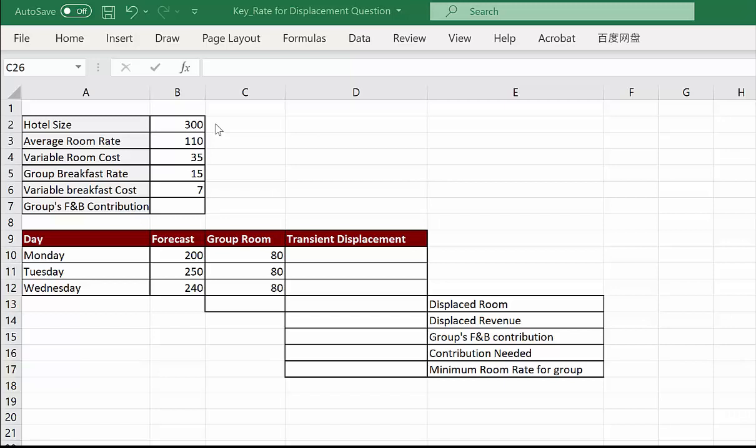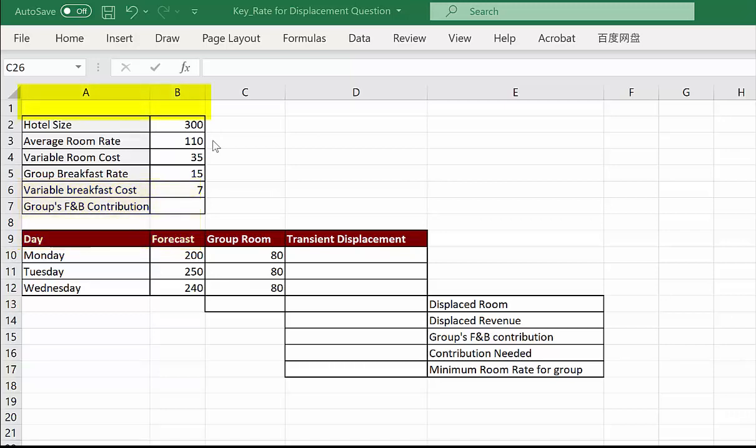To make your decision, we need to conduct the displacement analysis. According to your revenue management system's forecasting, we will have 200 room transient demand on Monday, 250 room transient demand on Tuesday, and 240 room transient demand on Wednesday.